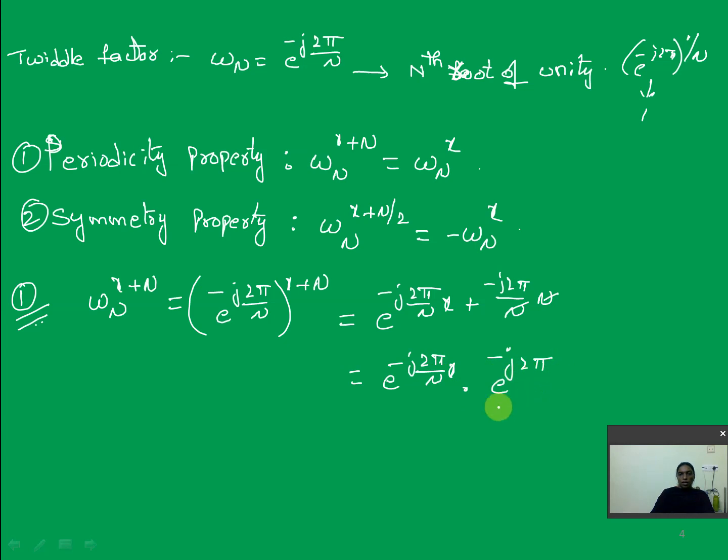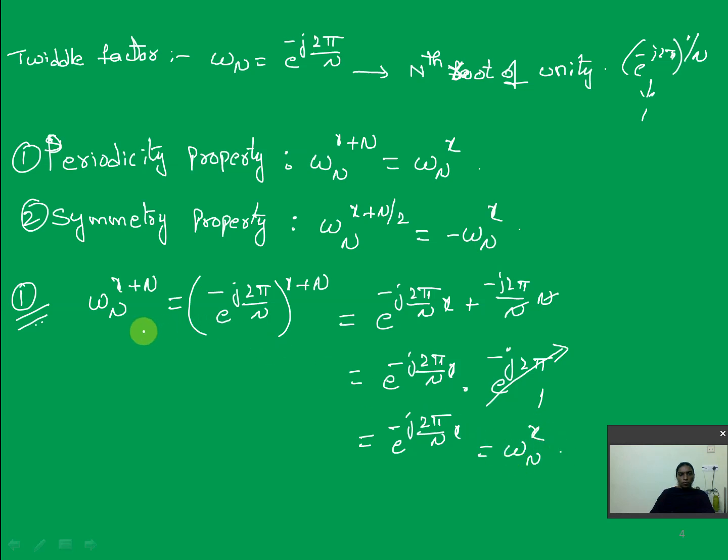Now e power minus j 2 pi is nothing but 1, using cos 2 pi minus j sin 2 pi, where cos 2 pi is 1 and sin 2 pi is 0, so that is equal to 1. Now this is nothing but e power minus j 2 pi by N x, which is equal to W N power x.